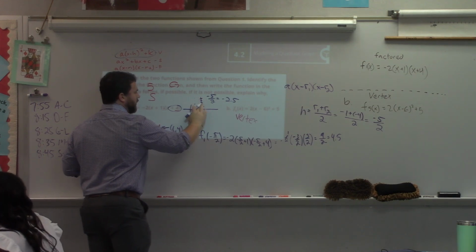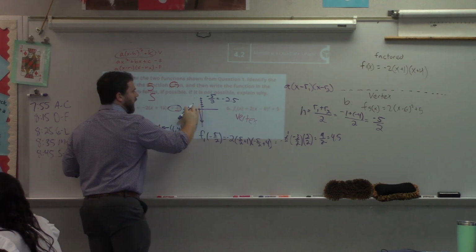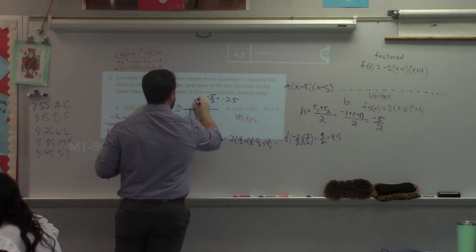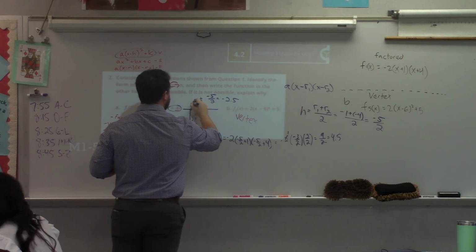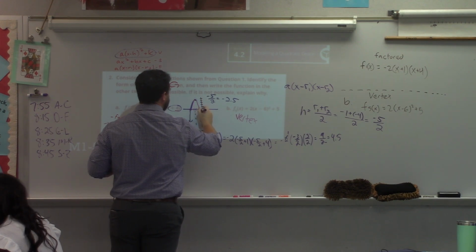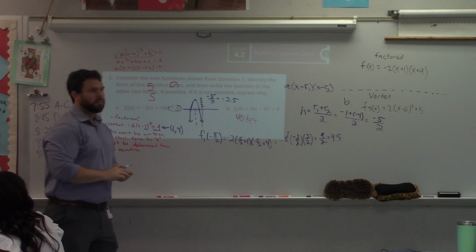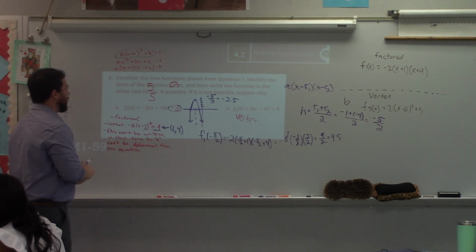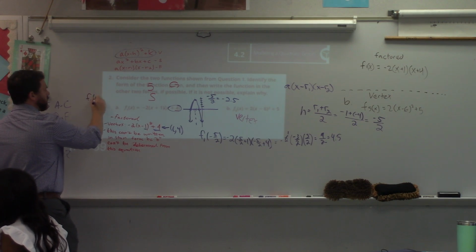So I'm going to slightly adjust this. Notice I don't need this level of detail, but this makes my graph more precise. Now I have an equation that I can write.